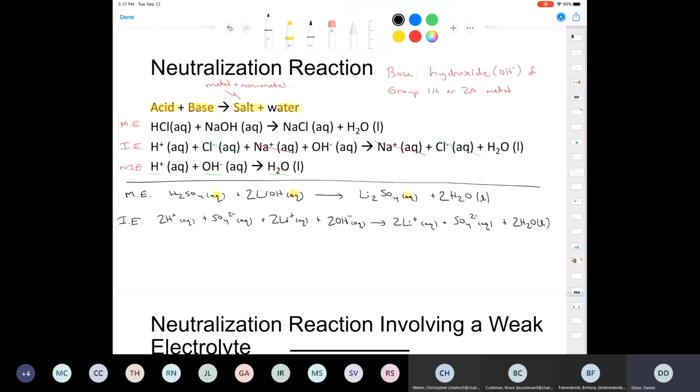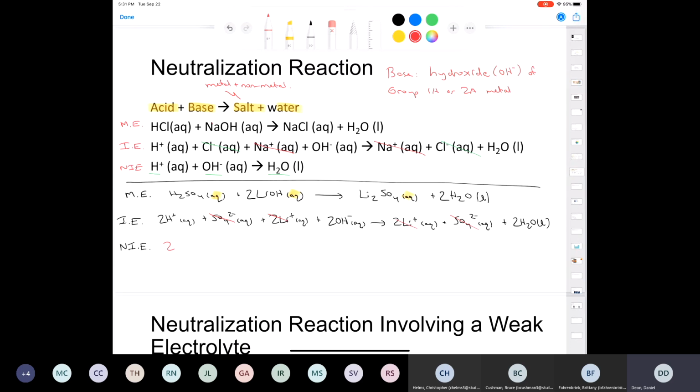And so that is our ionic equation. And now we're going to write out our net ionic equation, and we're just going to cancel out what's the same on both sides. So we have sulfate, we can cancel that out, and we also have lithium, we can cancel that out.